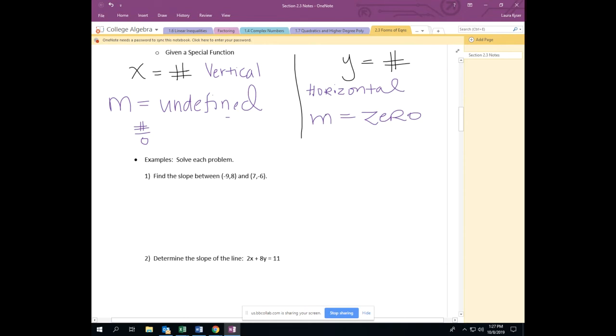You are not moving up or down, so you have a 0 on top and then some number on the bottom. And 0 over anything is 0. You will not have a 0 denominator as well. In that case, it would be undefined. So that's not going to happen. So there's our 4 different scenarios.